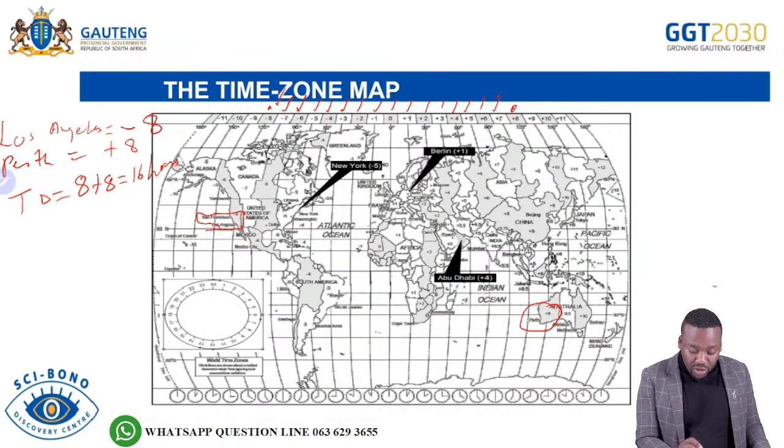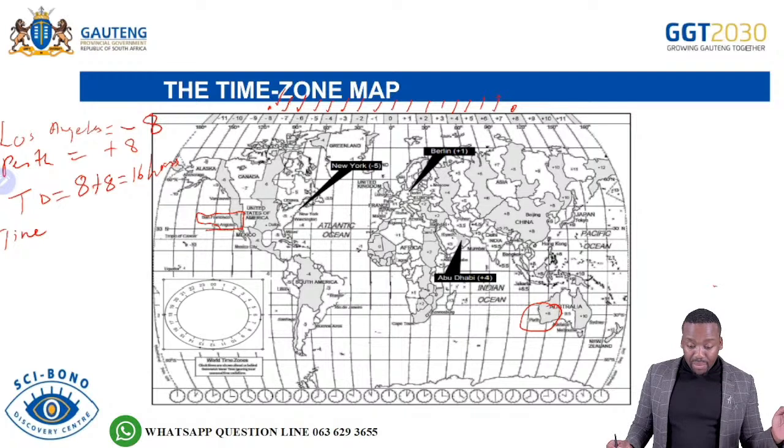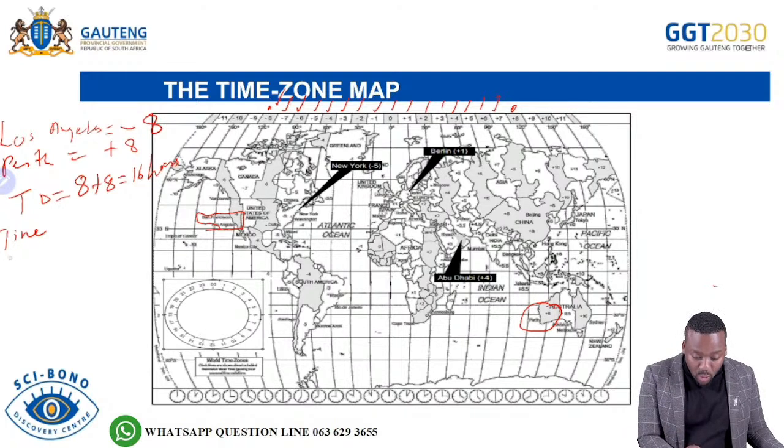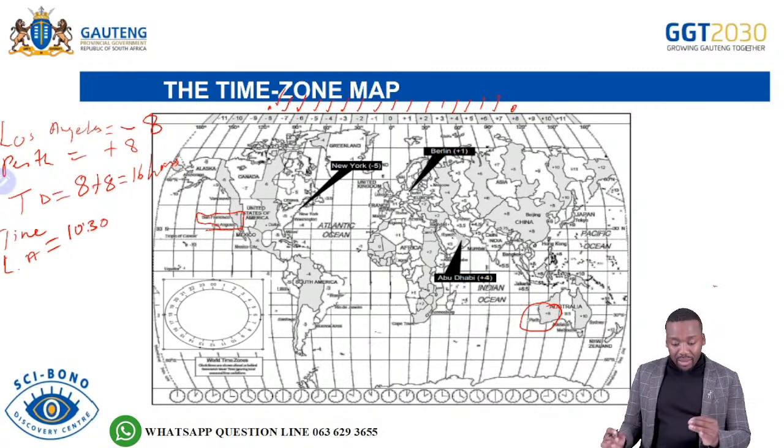Have we answered the question? No. Remember, we answer the question in step 3. In step 3, they said it is 10 hours 30 in Perth. What time is it in Los Angeles? So we want the time in Los Angeles. Then we will say 10 hours 30. Then we check, am I adding or am I subtracting?